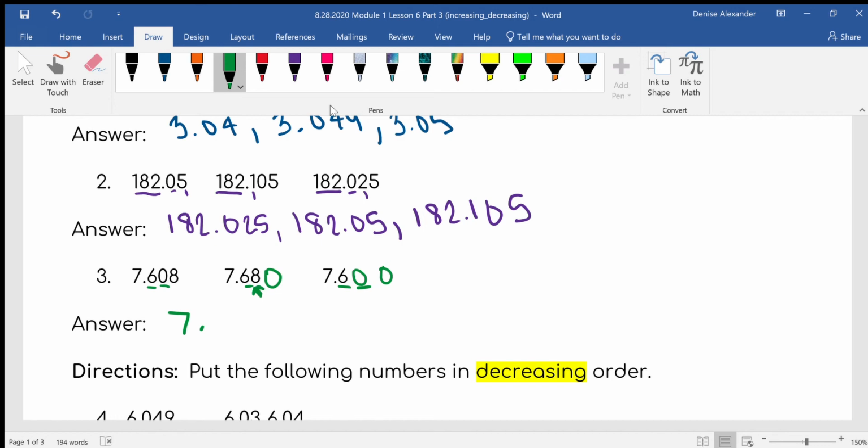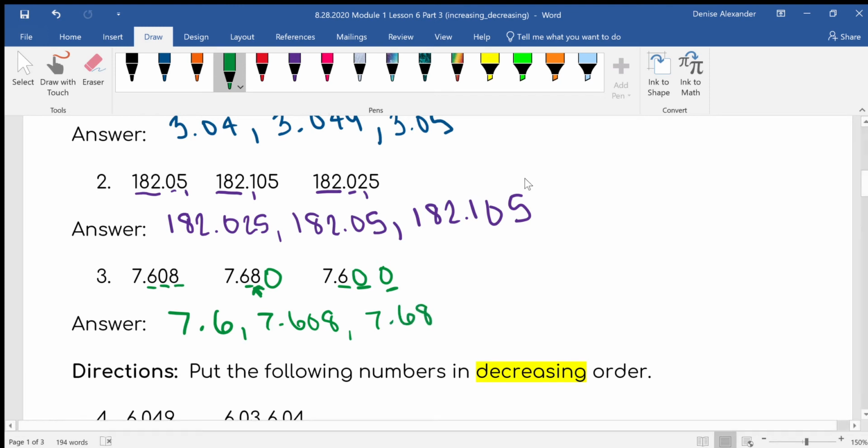Because 8 is bigger than 0, you guys, so we can't put it first. So now I'm going to look at the last column, my thousandths column. I have an 8 and I have a 0. This one's going first. You're right, you guys. So here we go. We have 7 and 6 tenths, 7 and 608 thousandths, and then 7 and 68 hundredths.